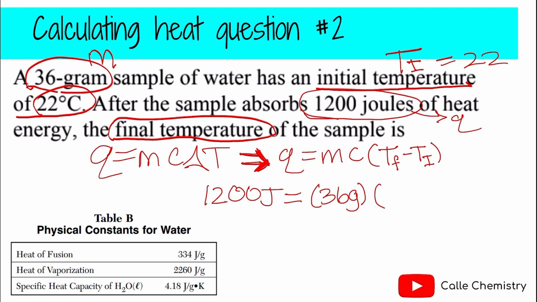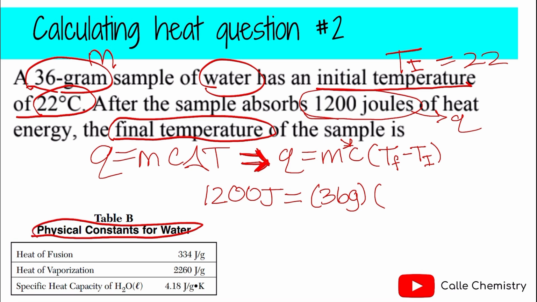So I'm going to start plugging it in. Now, I do not have c, but they told me that the substance we're talking about is water, so they don't need to give me c. c is on Table B, because they gave me the physical constants of water.